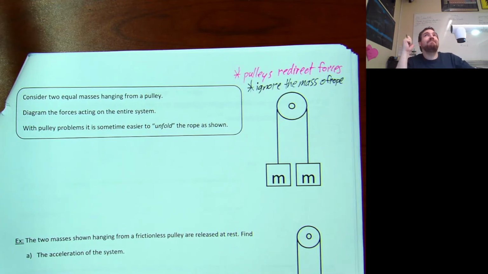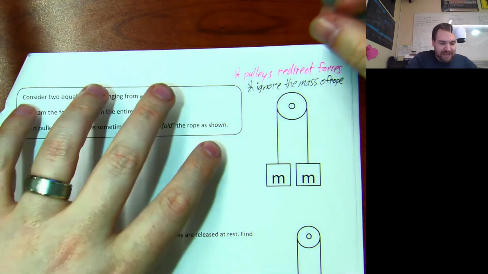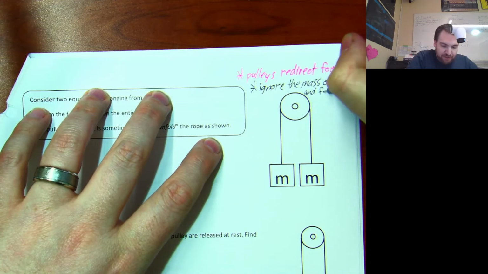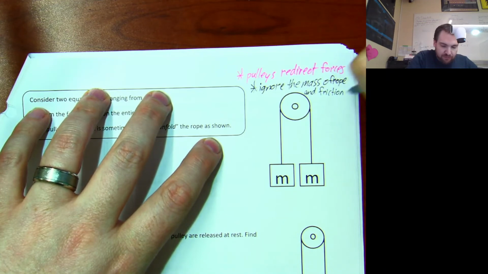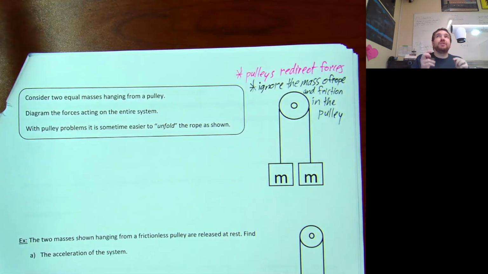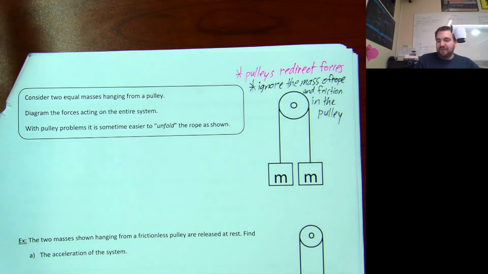I first did it as part of my master's, and it's way more complicated than even I thought. So we're going to ignore the mass of the rope and friction in the pulley. For all of these questions, we're going to assume that the rope has no mass and that the pulley has no friction. Neither is true, but for the sake of what we're doing, we're going to assume it is.